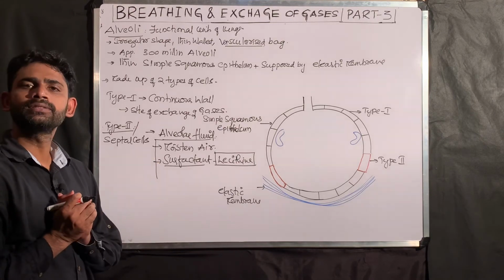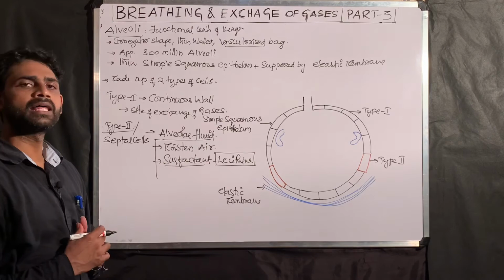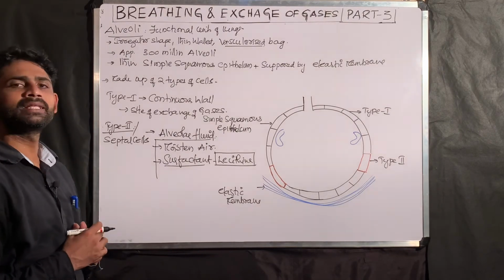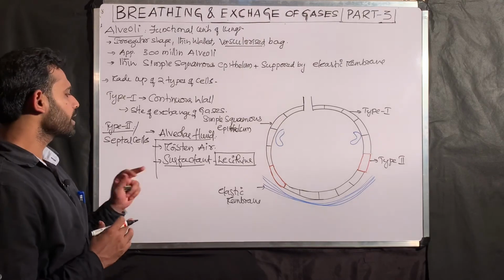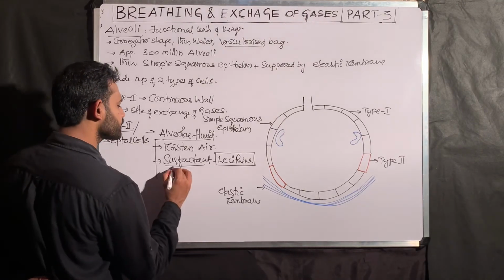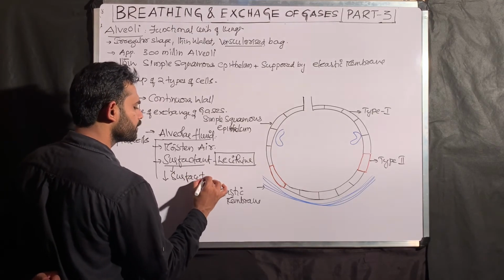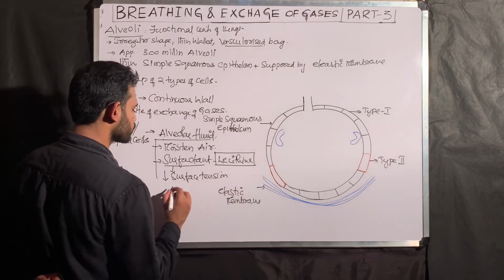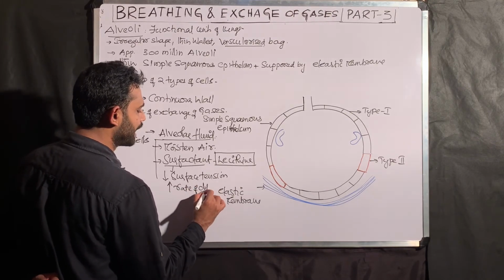What is the importance of this surfactant? Surfactant is present in the alveolar fluid that is secreted by the type 2 alveolar cells or septal cells. What is the function of surfactant? This surfactant decreases the surface tension and increases the rate of diffusion of gases.